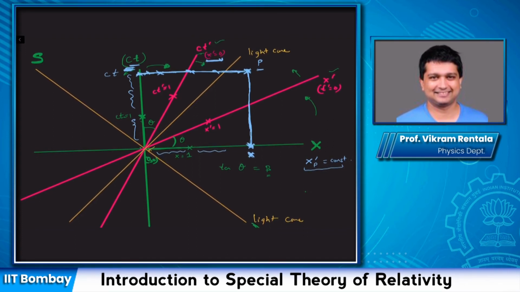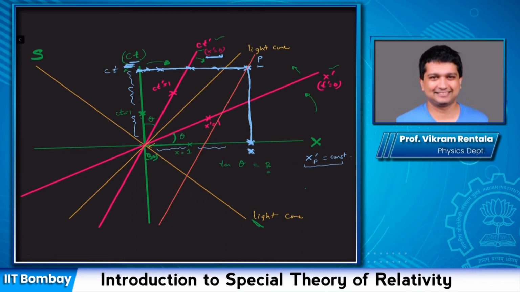So let's draw that. This is what that line would look like: the x prime P equals constant line, which passes through P and is parallel to the x prime equals 0 line.